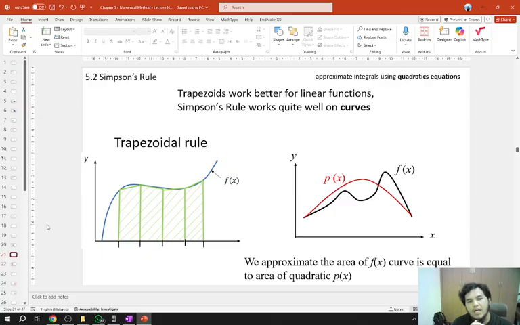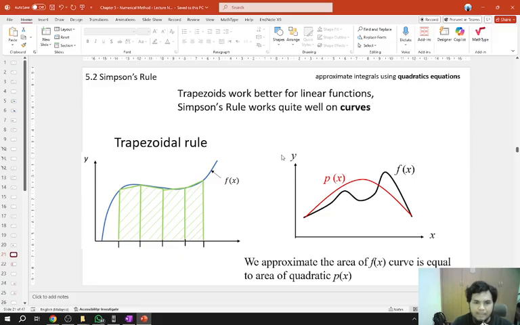Okay, so Simpson's rule works very well on a curve. Meanwhile, the trapezoidal rule works better for a linear function. And comparing the Simpson and the trapezoidal rule, Simpson uses a quadratic function as our approximation.